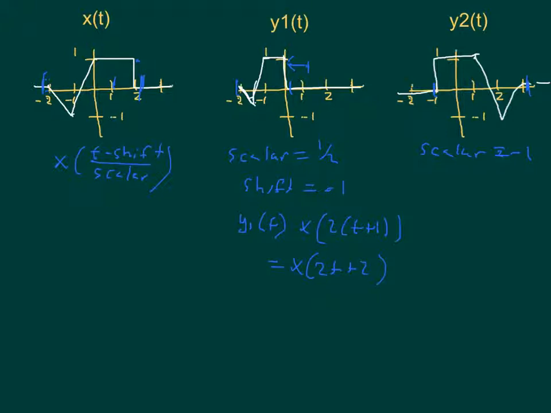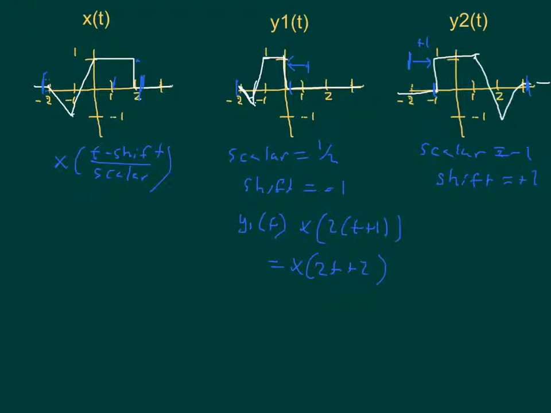Now if we look at x of t and see if we flipped that, then the falling edge of our equation, which would now be on the left-hand side, would be at -2. But we notice it's not, it is shifted over to the right 1 unit. So our shift is going to equal +1.